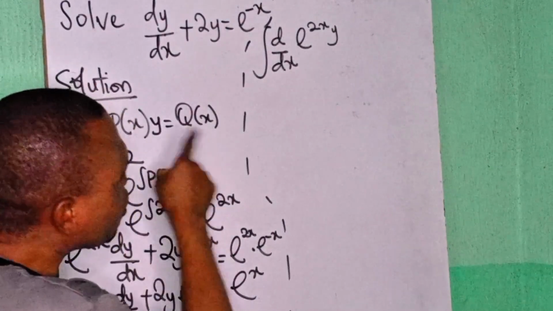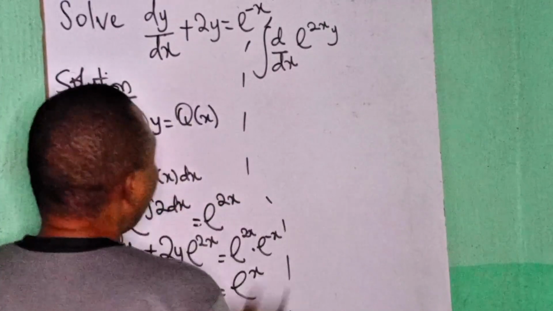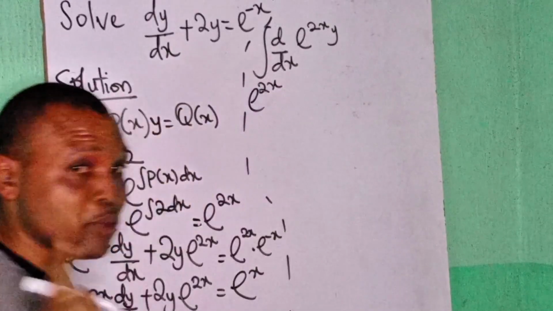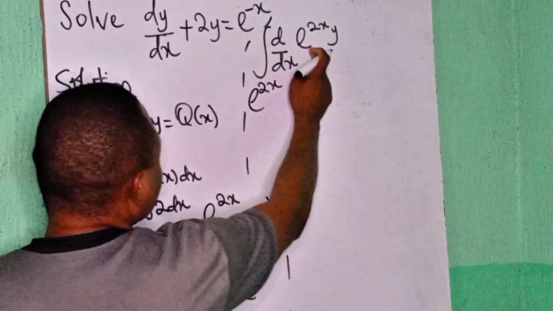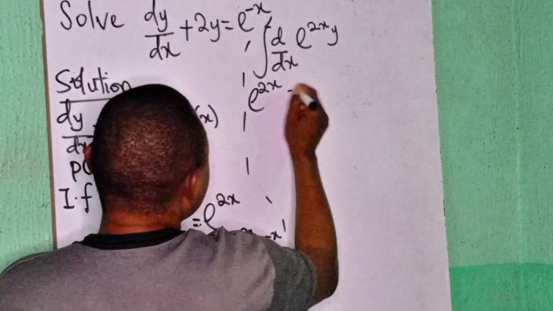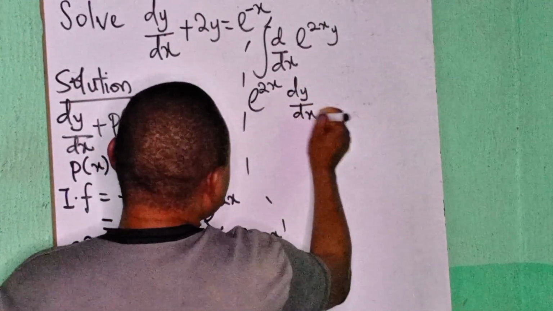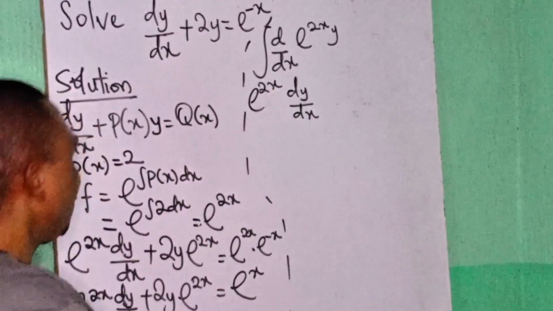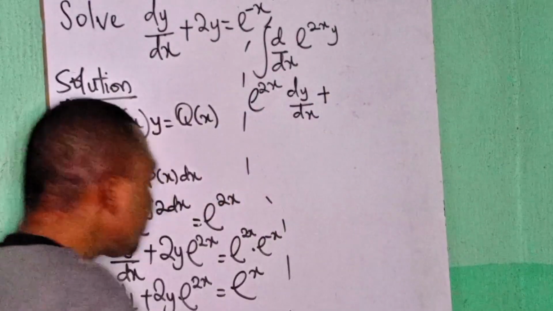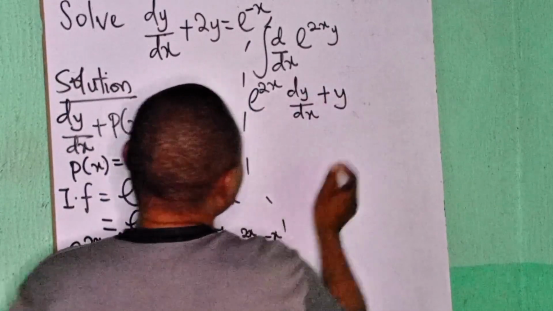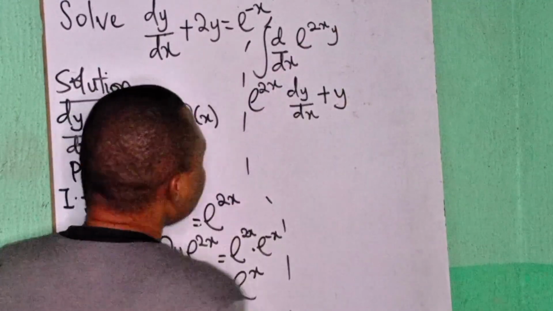Now how do I solve this? Look at the board. I'm applying the product rule. I will leave this and differentiate this. If I differentiate y, I'm having dy/dx. Is that clear? Good. Plus, now I will not leave this; I will leave y and differentiate e to the 2x.